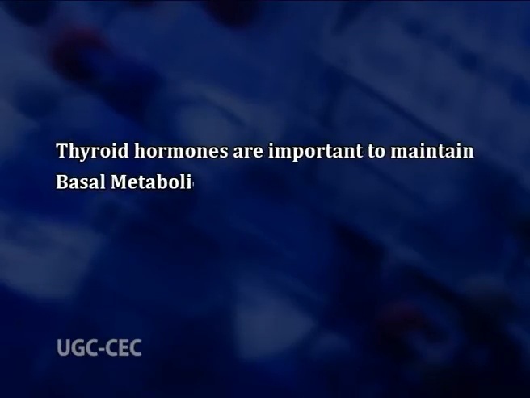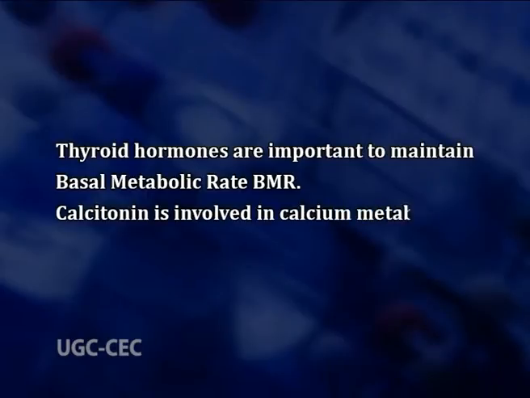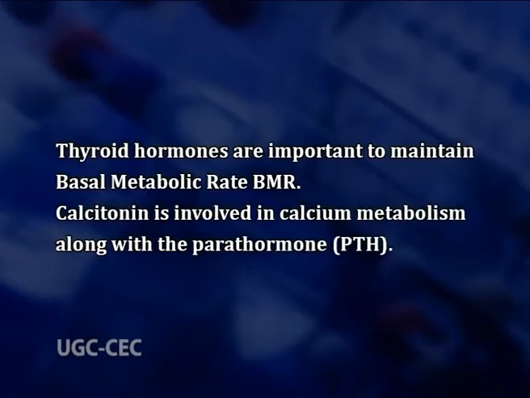Thyroid hormones are important to maintain basal metabolic rate, that is BMR. Calcitonin is involved in calcium metabolism along with the parathormone, that is PTH.